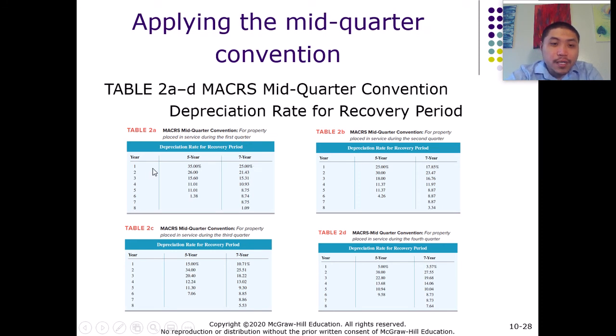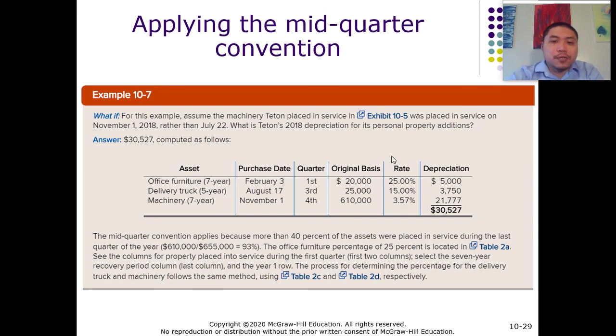For the 7-year recovery period, the first year rate is going to be 25%. So let's look at our example. We determine the rate is 25%, then we multiply the original basis by the rate. We take $20,000 times 25%, and that gives us $5,000 of depreciation. This is the depreciation for the first year of office furniture.